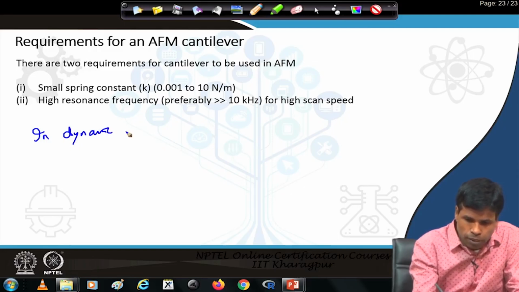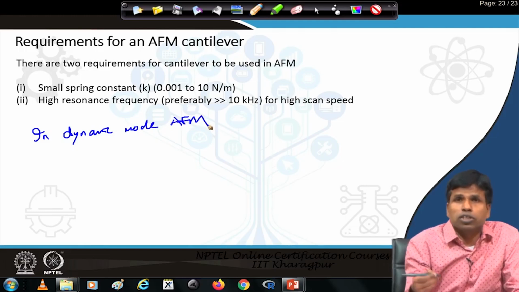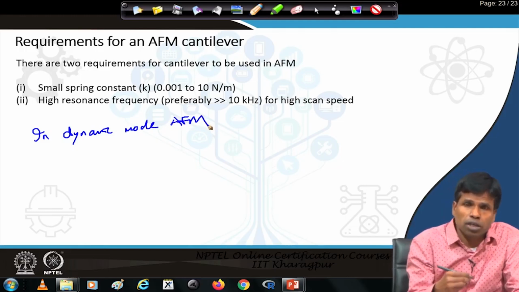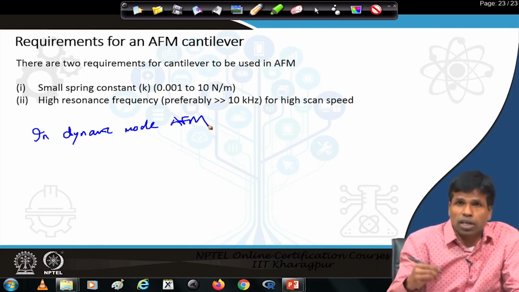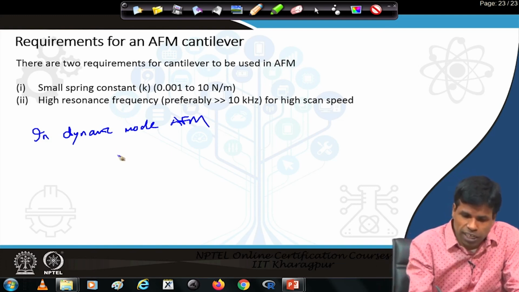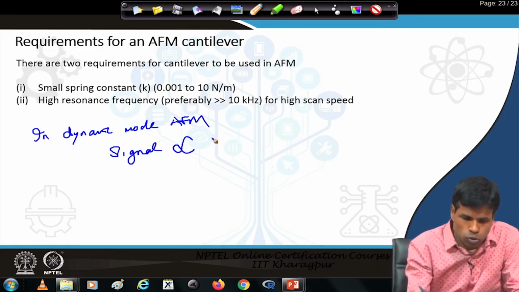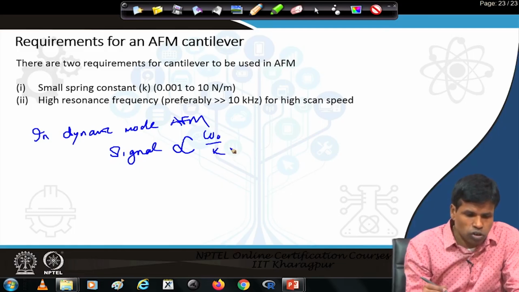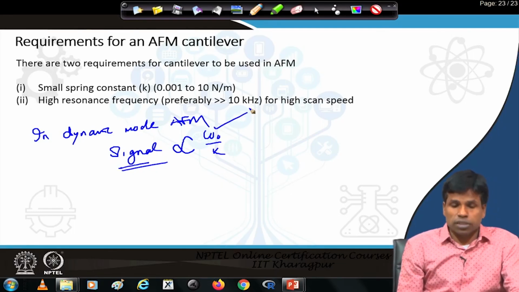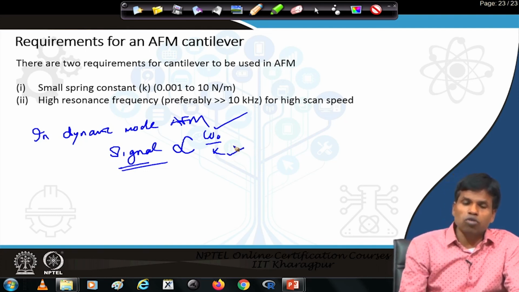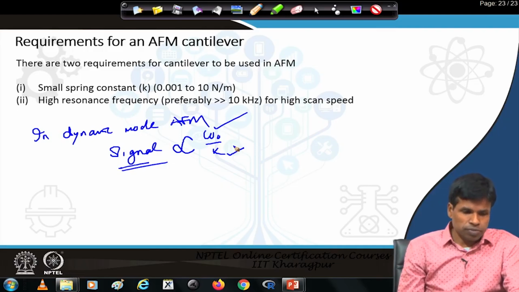We will discuss static mode and dynamic mode in AFM. In dynamic mode, the signal is proportional to omega naught divided by k. So the signal will be greater if the resonance frequency is greater and the spring constant k value is smaller.